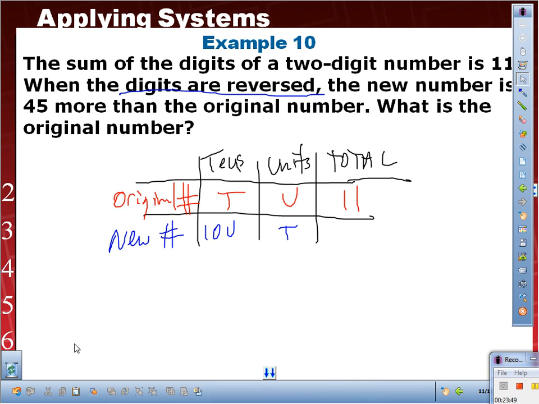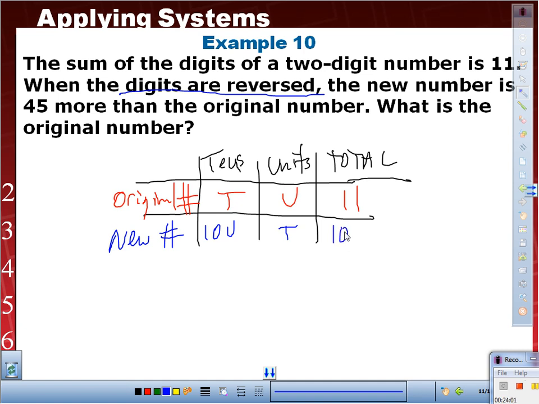All right, here we go. So what else do I write? Italiano, go. 10T plus U. That is correct. So let's write our equations.